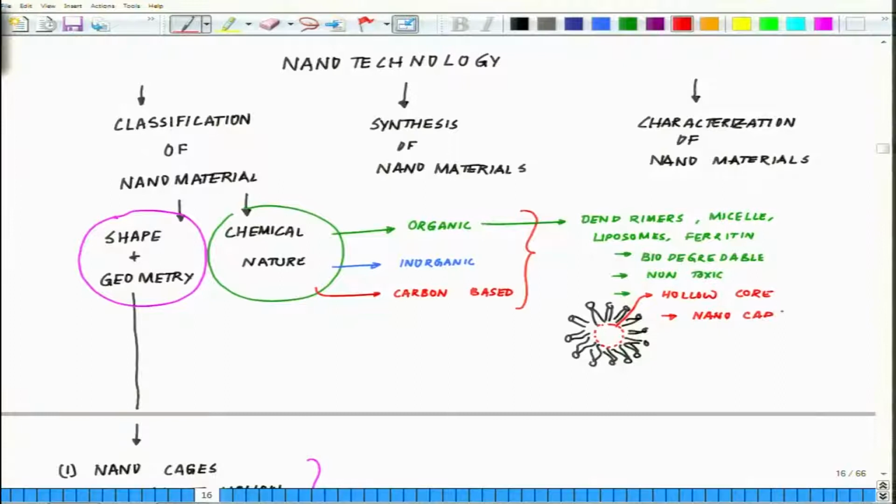Nanocapsules are very important from an agricultural perspective in terms of release of, say, insecticides, herbicides, pesticides. Those could all be encapsulated inside and used for slow release.